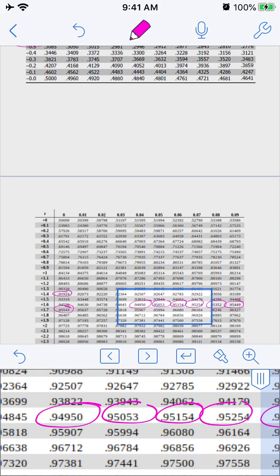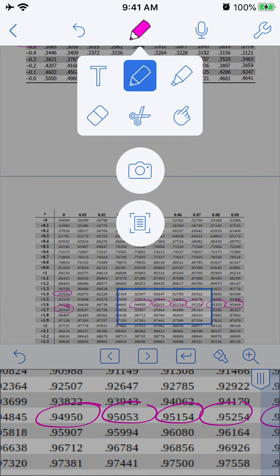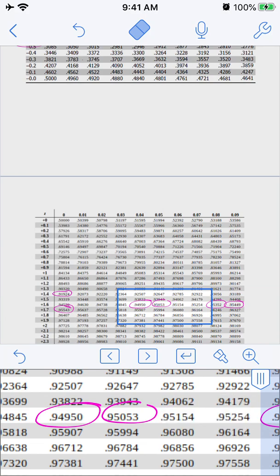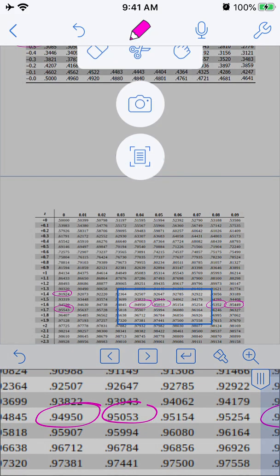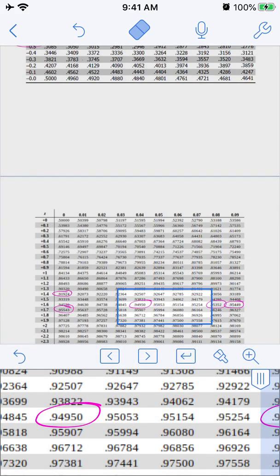Probably not. But we need a different z-score, so it might change a bunch of our answers. I think the bottom one is just slightly closer. So we're going to go with the bottom one. If you went with the top one, I'm going to be honest with you, it probably wouldn't make that big a difference. But we're going to go with the bottom one here.